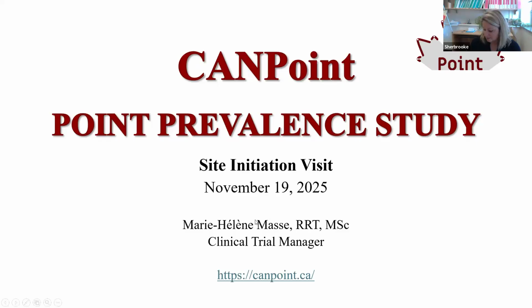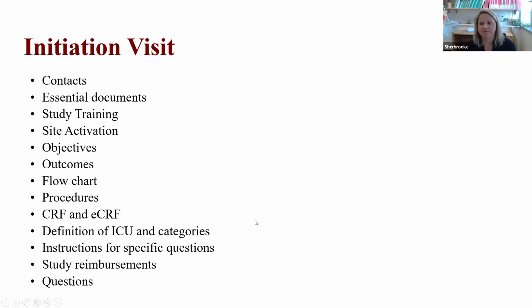So we'll start with the list of items that we will review today. The context of the study, the essential documents needed for activation, study training, site activation, the objective and outcomes of the study. We will show you a flow chart of the study.